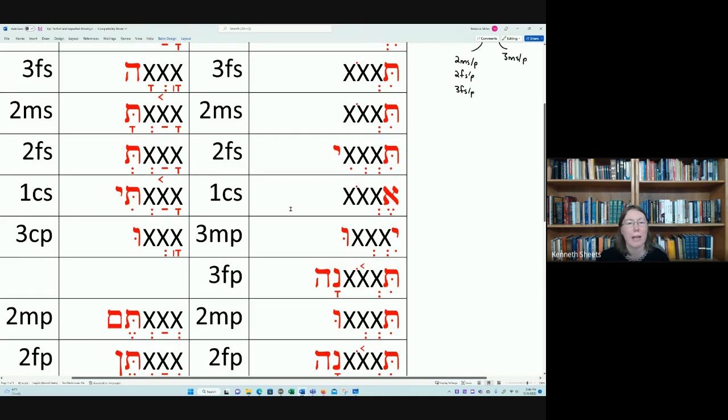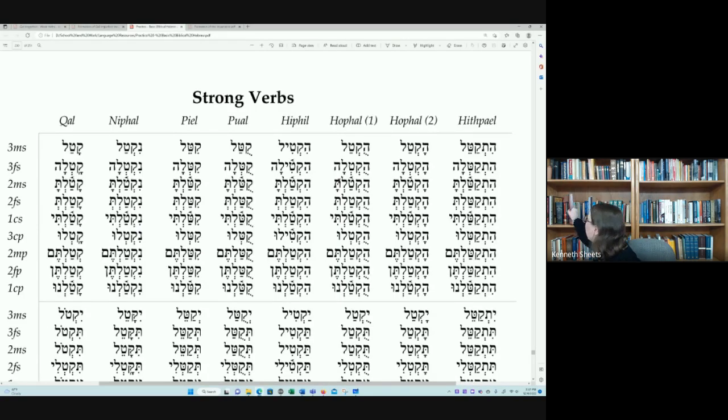Now, I do want to go ahead and come on over here. This is taken from another Hebrew grammar book that we use. This is going to be the Basics of Biblical Hebrew by Pratico and Van Pelt, and he has this paradigm in the back of that particular book.